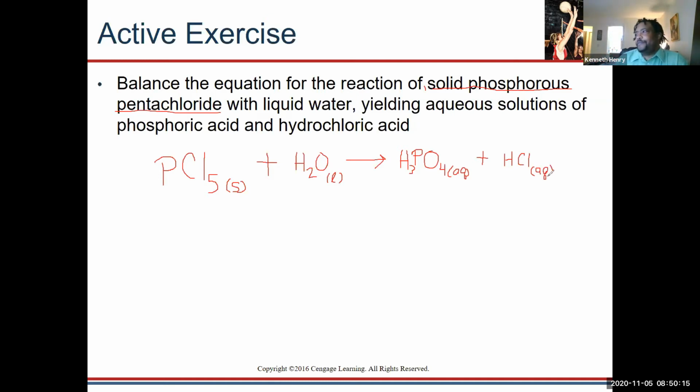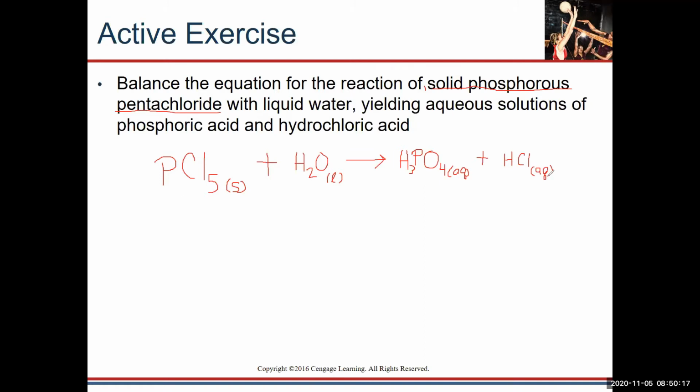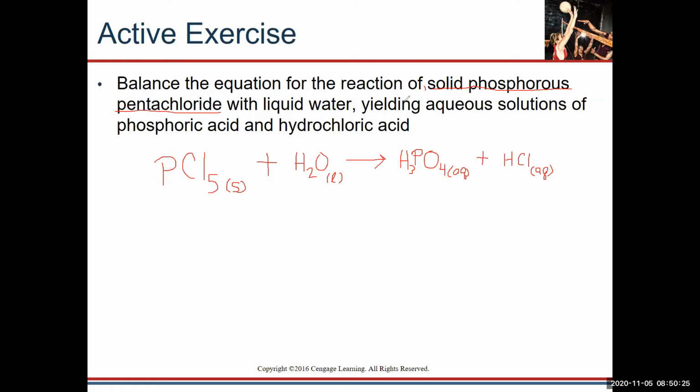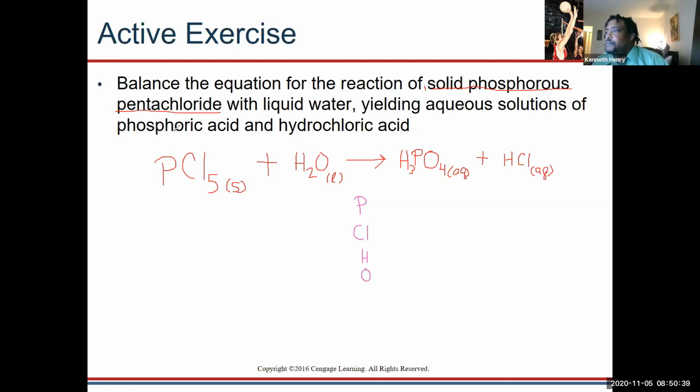Jacqueline E. Looking at it, is it balanced? First off, tell me the elements that we're working with. Phosphorus, chlorine, hydrogen, oxygen, and I think that's it. Okay, so is it balanced?